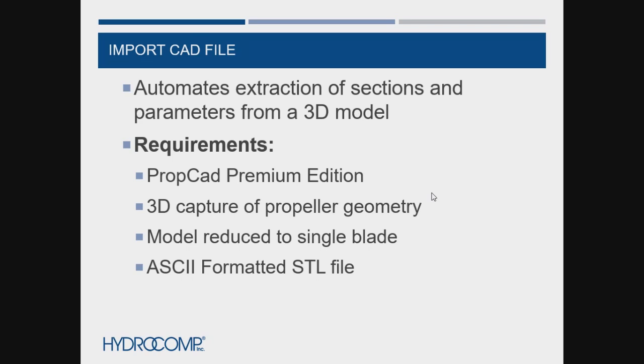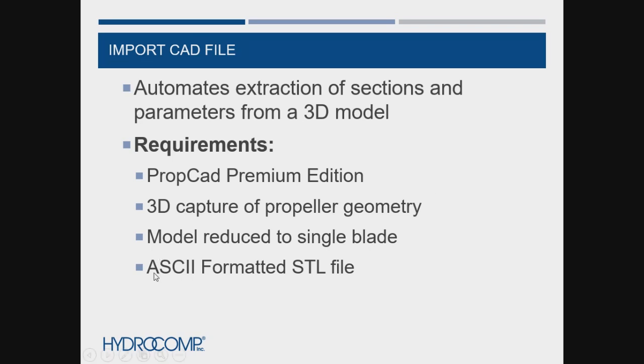Once you've captured that propeller geometry in the computer in a 3D CAD format, we may need to reduce that model down to a single blade. So if you had a 3-blade propeller and you scanned all the blades, you just have to chop off 2 of those blades so that we're only inspecting 1 blade. And generally, you'll choose the best blade, the one that's in the most pristine condition to be pulled into PropCAD.